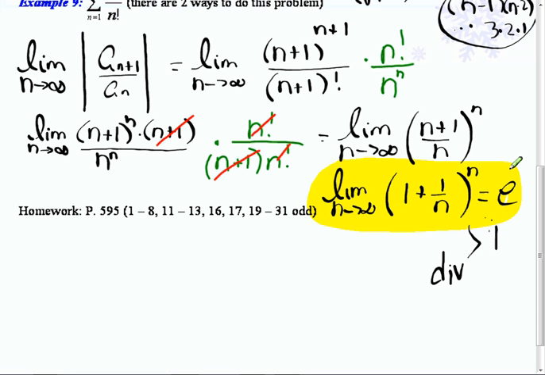Does anybody know how to do it the other way? What if you take the limit of n to the n over n factorial? The easy way, well, it's not necessarily the easy way. How do you find that limit? Remember how we did that?